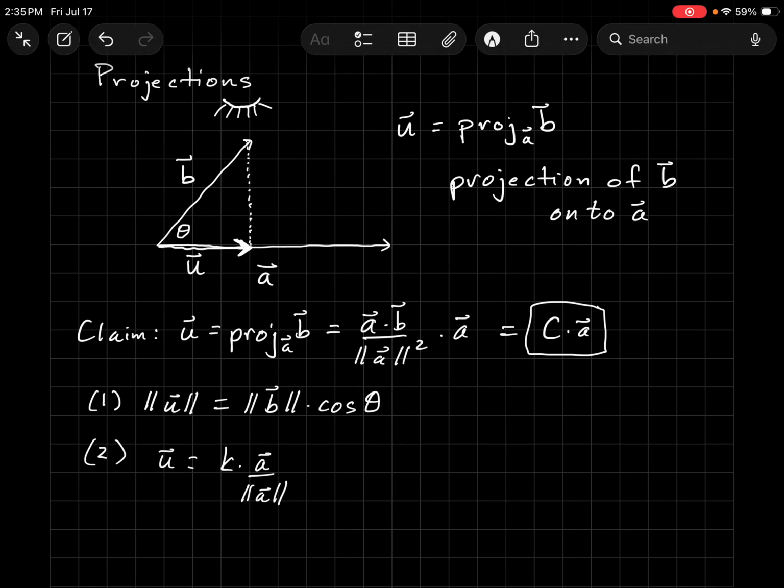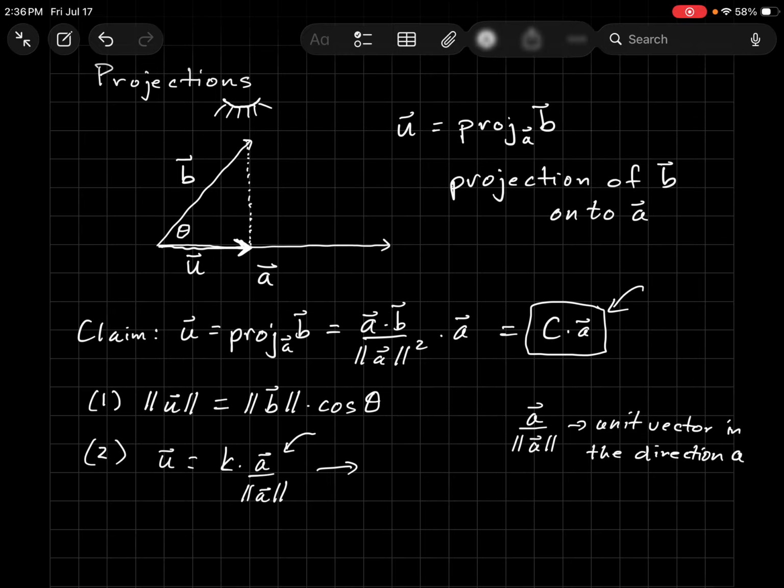So what did I do here? I'm going to change it from being kind of general to being something a little more common that we use. Recall that the vector A over the magnitude of A is a unit vector in the direction of A. So I'm simply saying U is some multiple of 1, really, right?